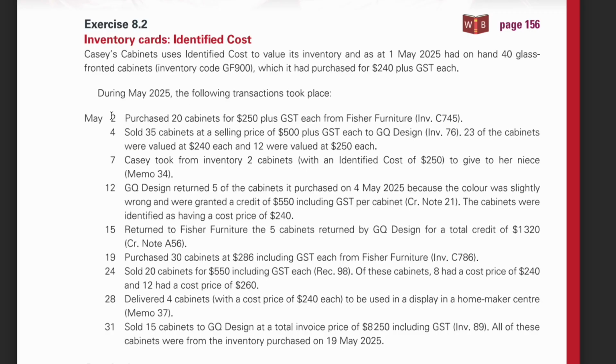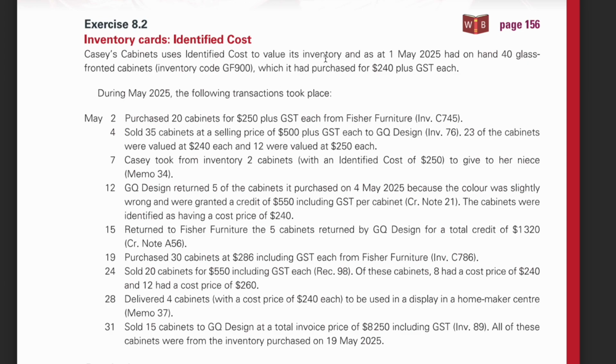With these questions, I think it's typical to read the top first. This part is important because it has the effect that happened on the 1st of May, so it technically doesn't start from the 2nd of May.